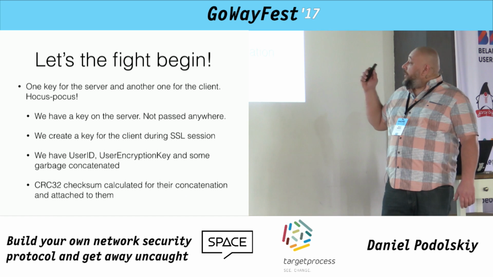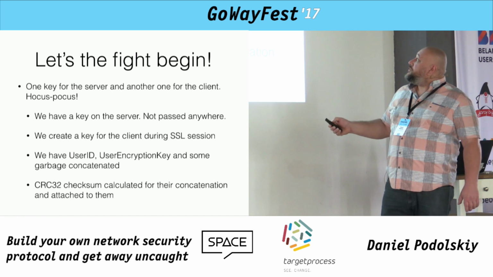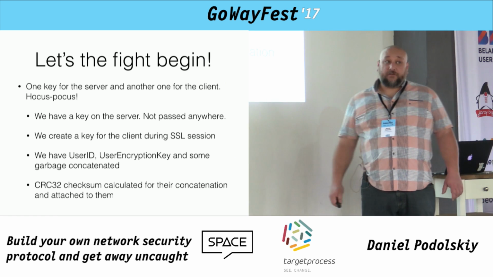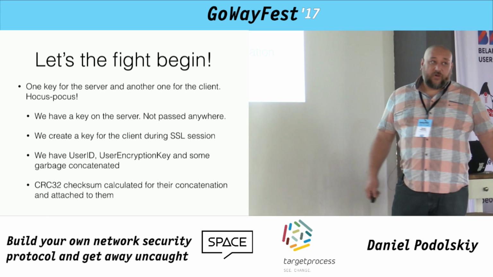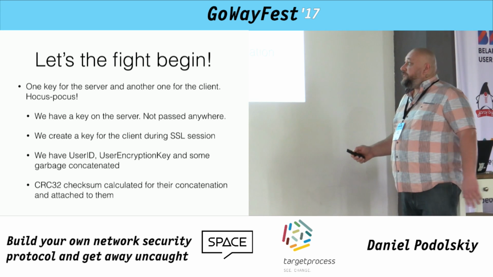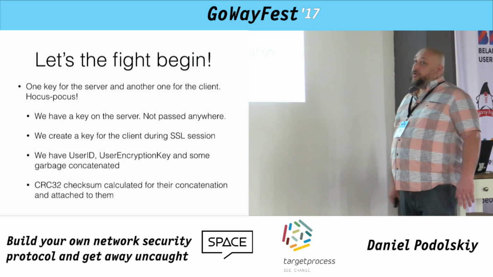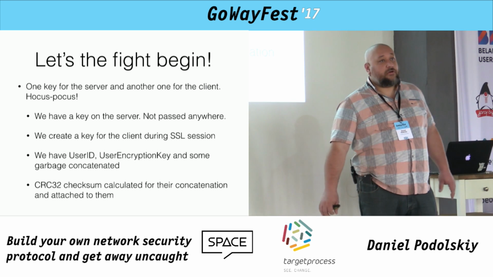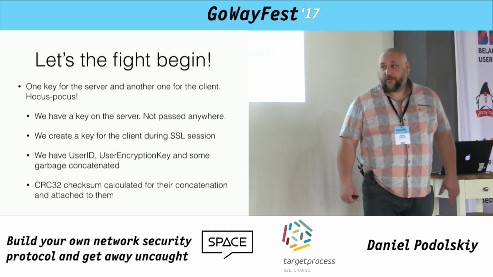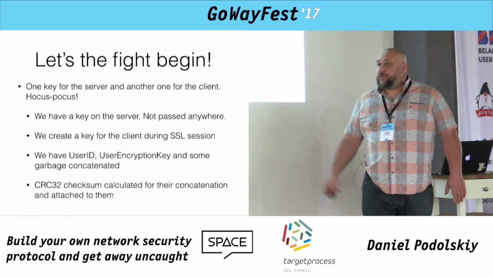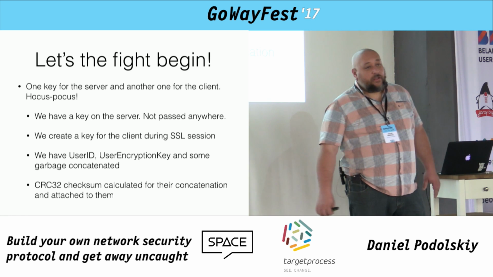So, what did we do? We have a key on the server, a static one, never passed to clients. We have the user ID, the user encryption key, and some garbage concatenated into one byte array. We have a checksum calculated for this byte array.